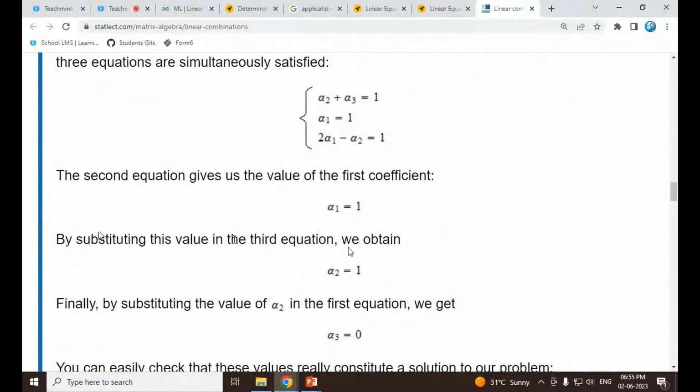Next, by substituting this value in the third equation we can get started, because alpha 1 is available in the last equation. So 2 into alpha 1, that is your 1. 2 into 1 is 2 minus alpha 2 equal to 1. So now alpha 2 equal to 1. What is the value?